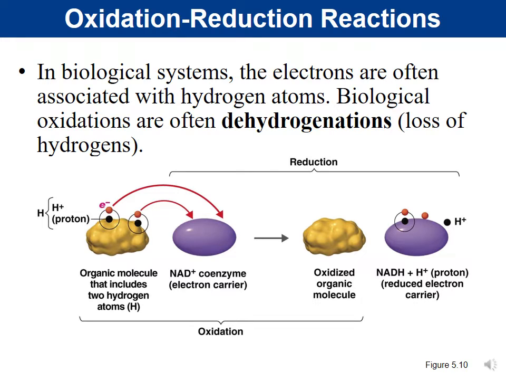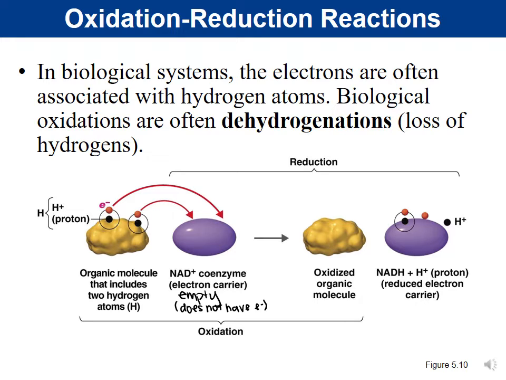So again, I have a diagram in a minute. Empty means it does not have the electron. Right? So in this case, our empty electron carrier is our NAD+. So our organic molecule is going to donate electrons to NAD+.